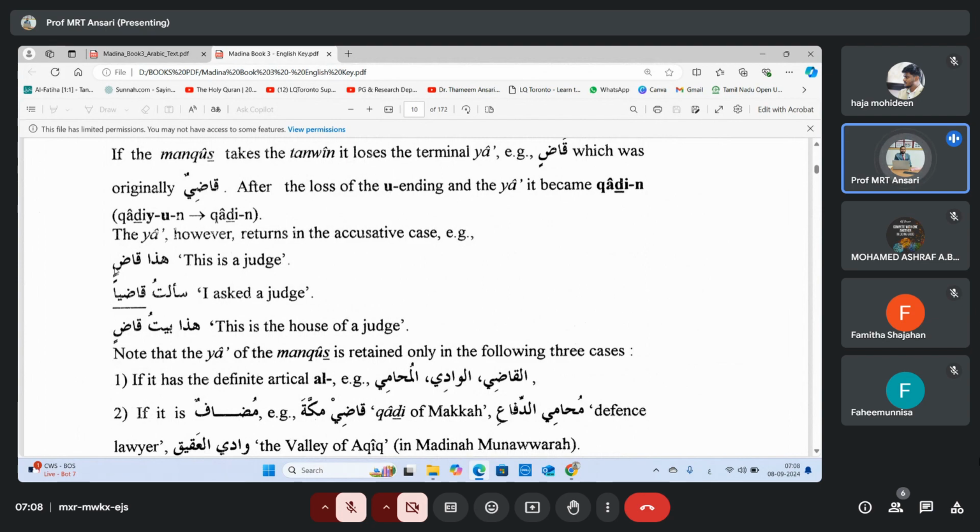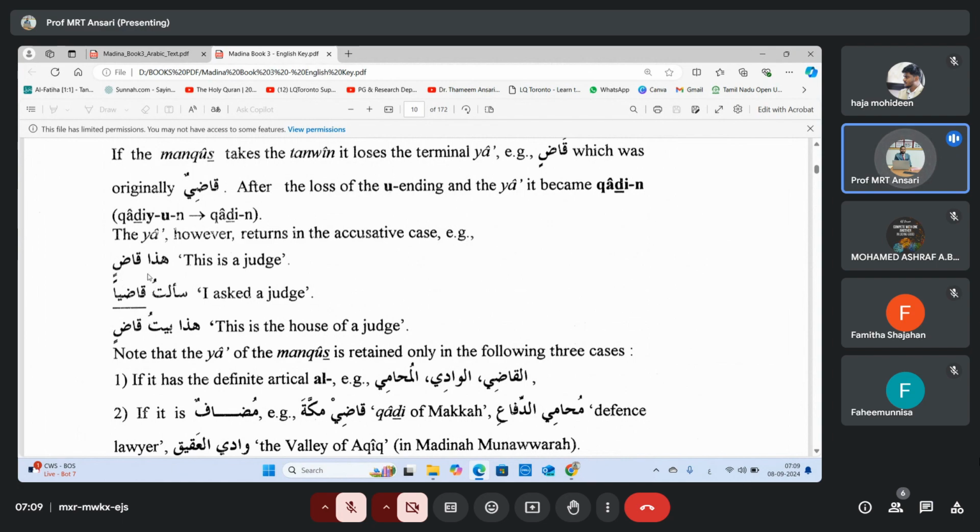What happens when you mention qadi without alif lam? Then the ya is dropped, and the last letter takes double kasra, because it is originally qadiyun. When you drop the ya, the tanween goes to the previous letter, which takes double kasra.